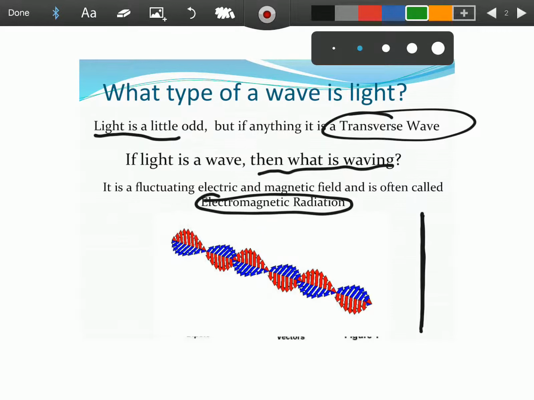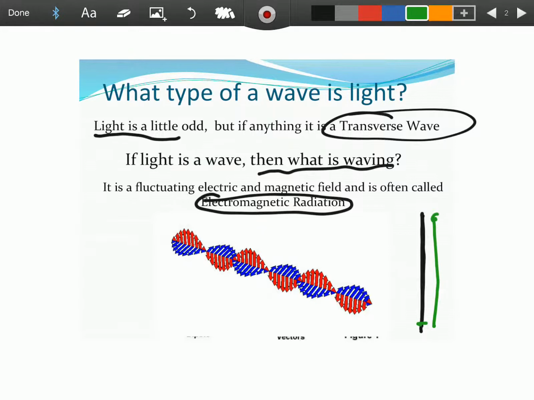Now we're trying to answer that question: what's waving? Any metal has electrons in it, and electrons are the things that are waving. In an antenna, the electrons are accelerated up the antenna and then back down. As they move up and down and up and down, they create a changing electric field.